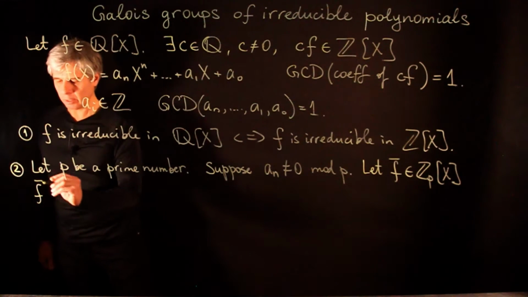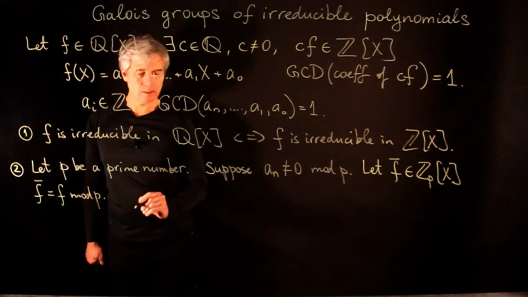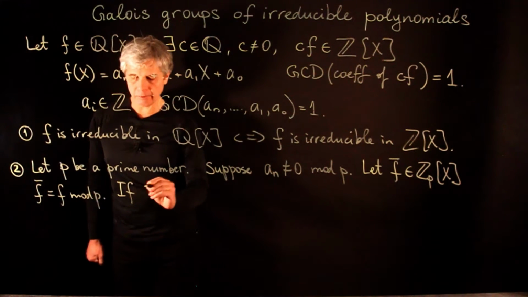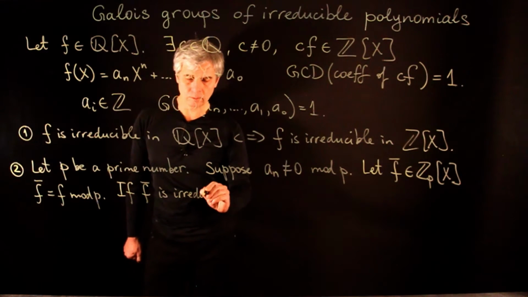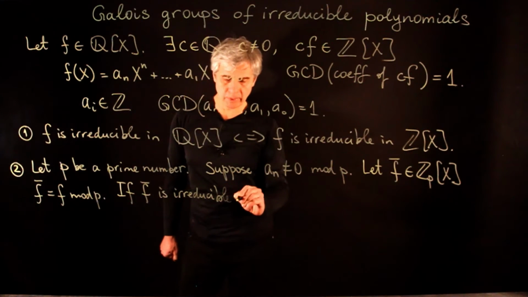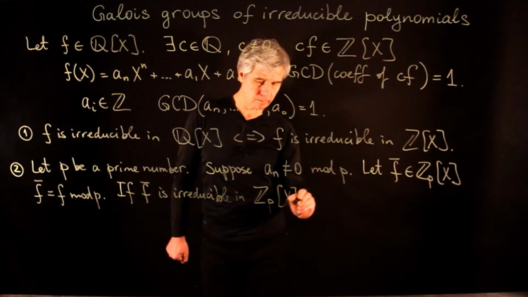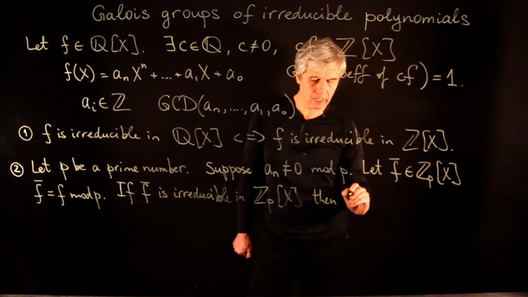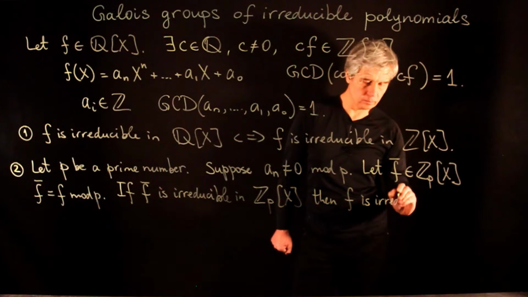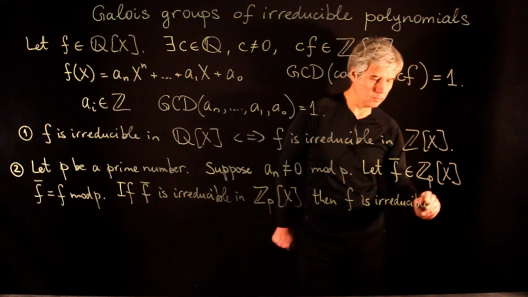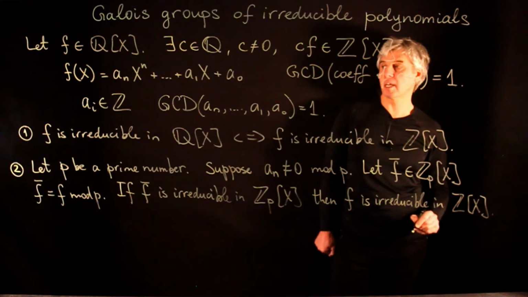So f bar is equal to f mod p. If f bar is irreducible in Z_p[x], then f is irreducible in Z[x], and thus in Q[x] as well.